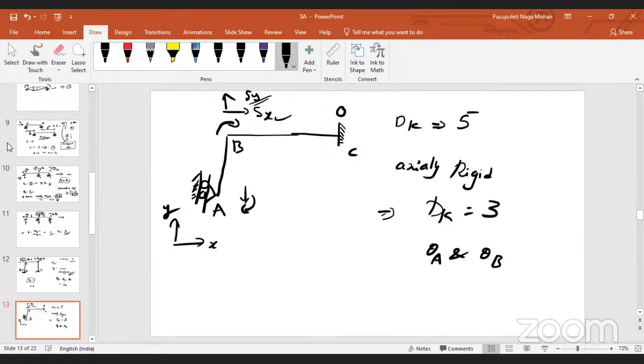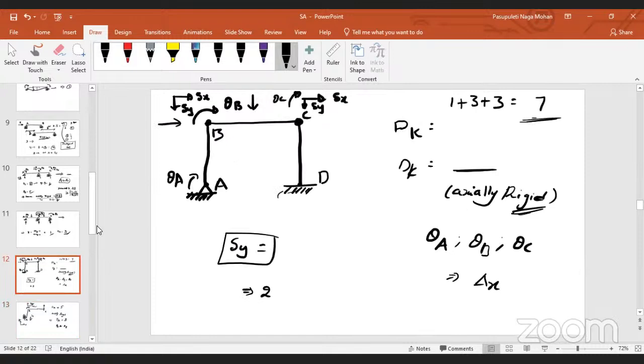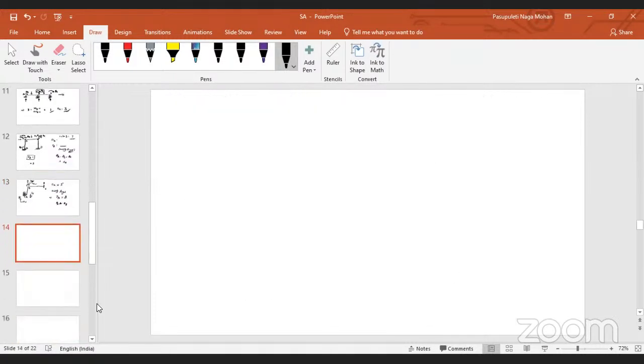Delta Y is the displacement along the member BA, so we are not considering it. Now, let me explain this problem first, and then it will be clear.